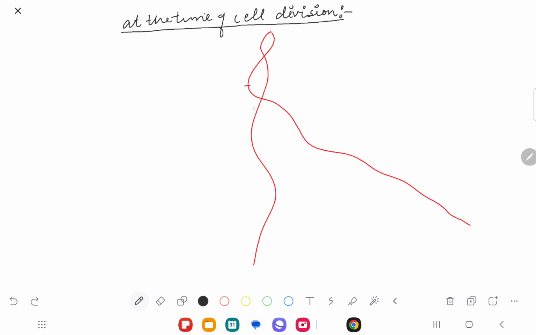And there might be certain strands here. A, T, C, G, G, G, C, T, A, G, C, T. So what do we have in here? Right in front of A, it would be what?